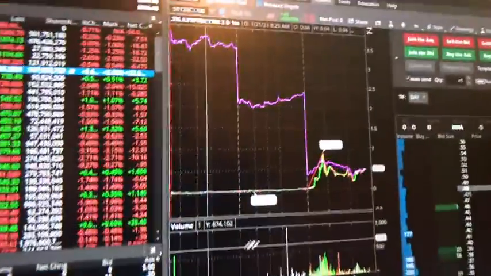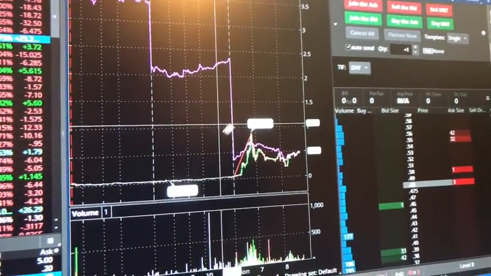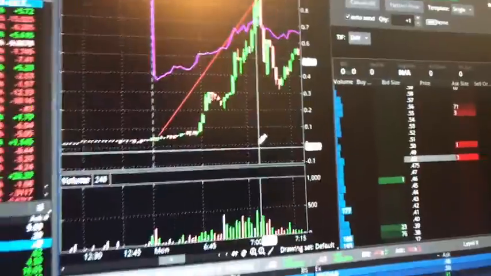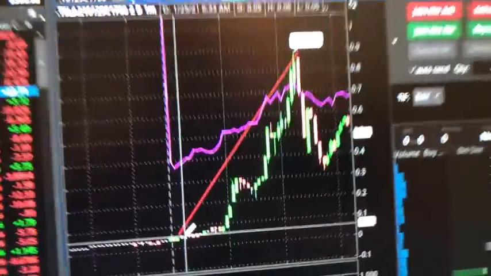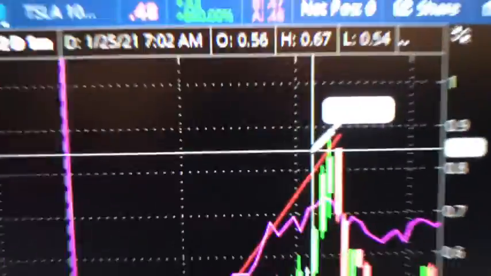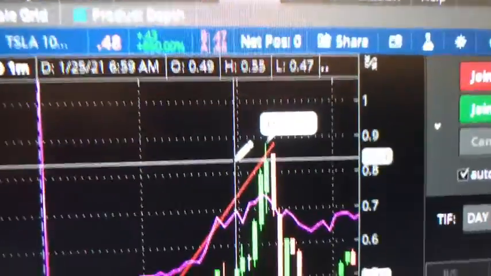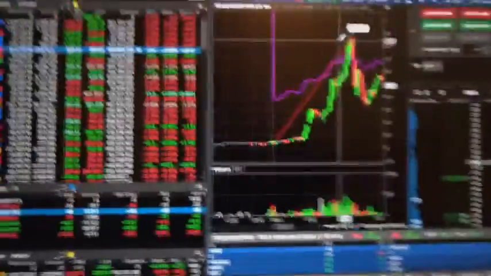As we can see here, this one doesn't look like a lot, right? But when we zoom in, this thing went from 6 cents all the way to 88 cents.